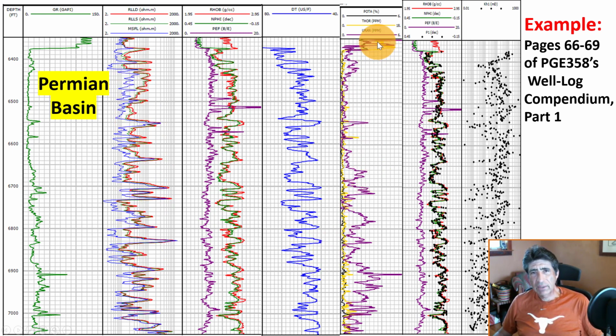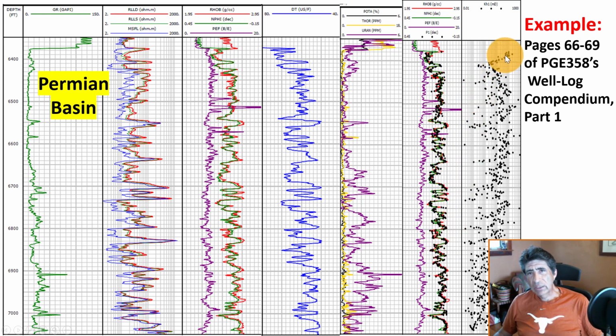And then here we have the spectral gamma ray logs, potassium, thorium, uranium. And here we have the match between core porosity. Look at the incredible amount of plugs that we're taking on this rock, whole core that was acquired along this entire segment, and how the core porosity matches extremely well the porosity calculated from well logs.